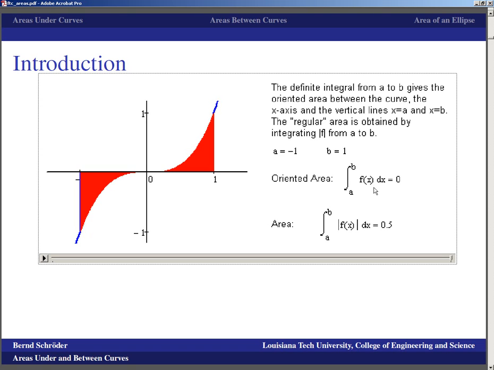Basically, the problem with the oriented area is that when the function is below the x-axis, your rectangles have negative height, and so the symbolic way to handle it would just be to say that for the area we just integrate the absolute value of the function, but that is fraught with its own problems because, of course, the absolute value is rather hard to integrate symbolically.